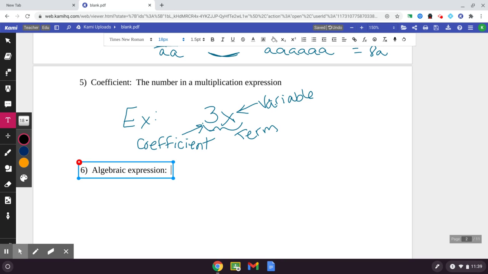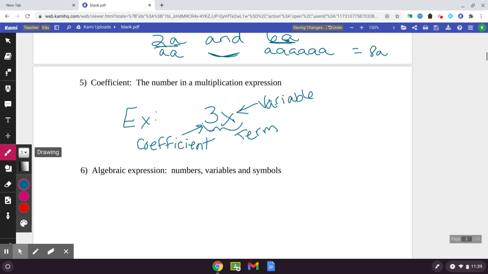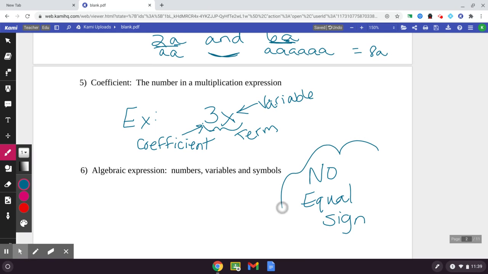And the key thing is there will never be an equal sign when you are using an expression. No equal sign.